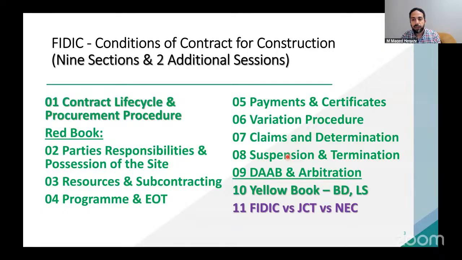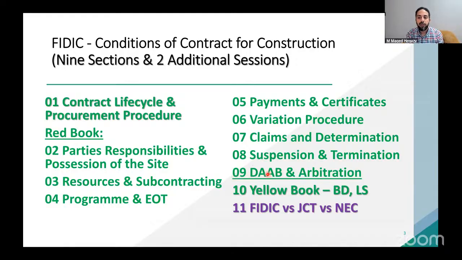Then we discussed suspension by employer, suspension by contractor, and termination, both by contractor and by employer, for convenience or for default, and optional termination in case of protracted exceptional event, which was force majeure in 1999.